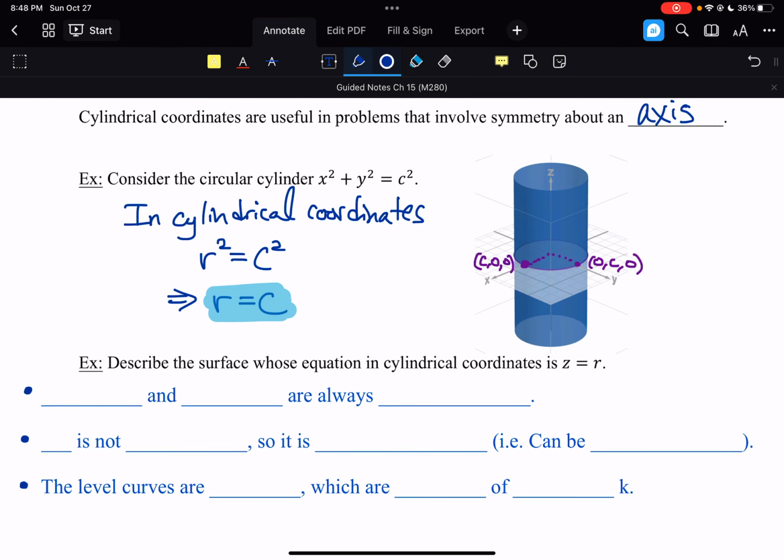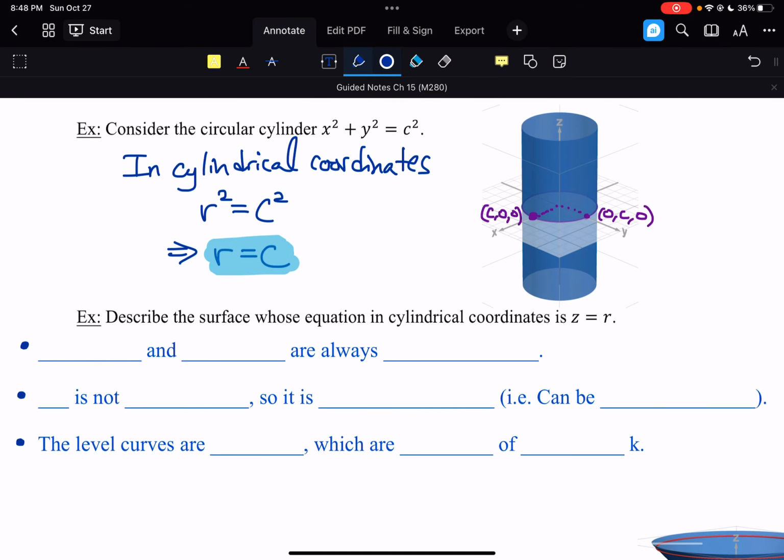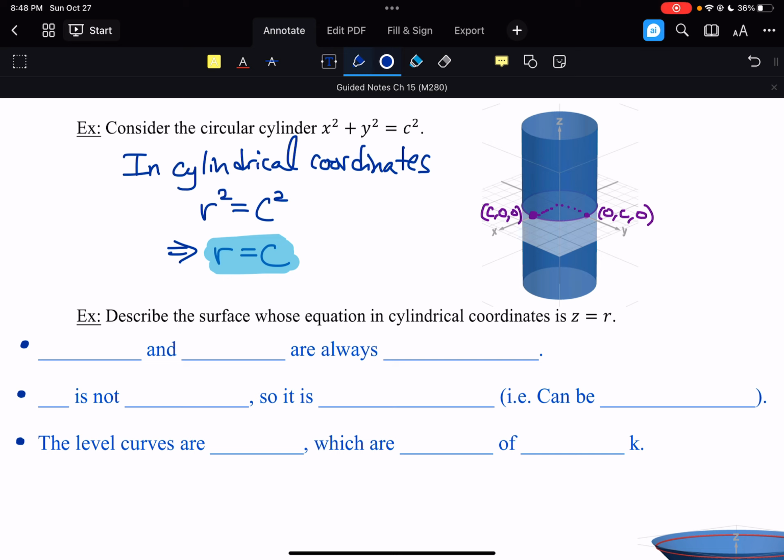Let's look at an example right here. Describe the surface whose equation in cylindrical coordinates is z equals r. So this one's a little bit different because back up here we had r equals c, so r was equal to a constant. Here we have a variable z and a variable r that are equal to each other for any value.